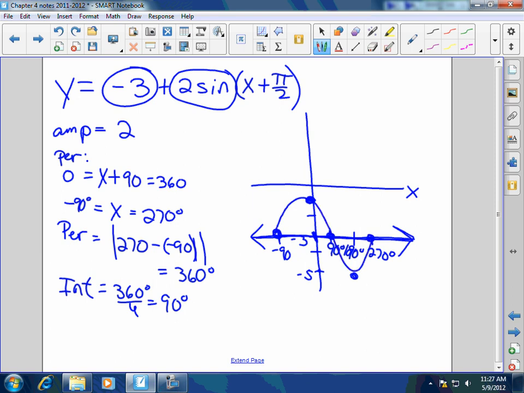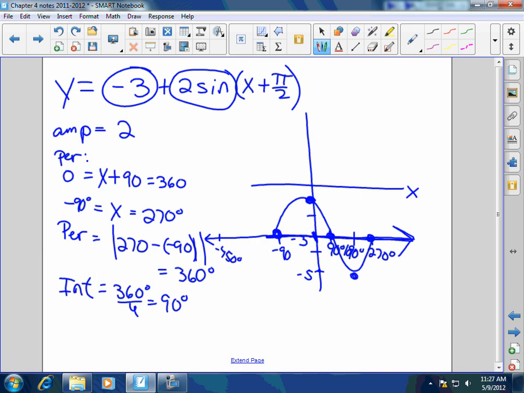You're good to go. Now, for Mr. Mole, you said you wanted more than one period. Okay, cool. No worries. You can either go to the left or to the right. My period is 360 degrees, right? So what's negative 90 minus 360? Negative 450. So that's going to be the starting point from here.